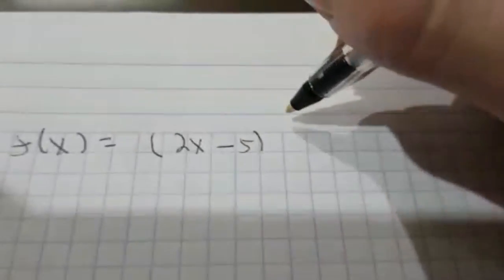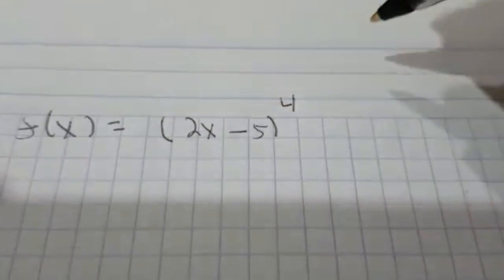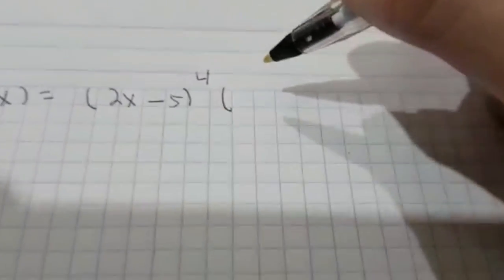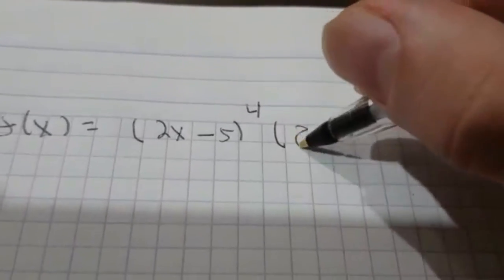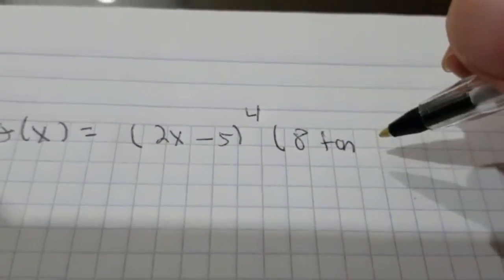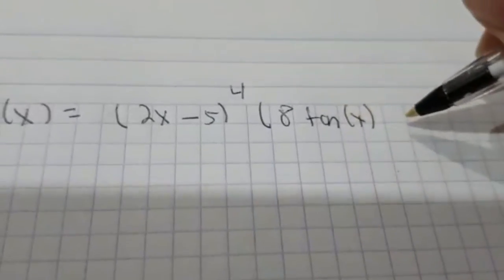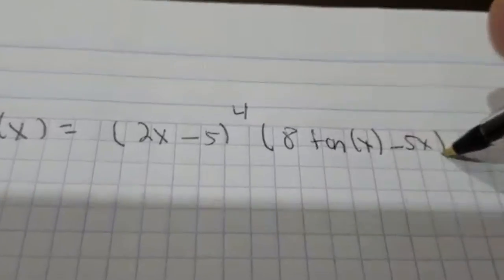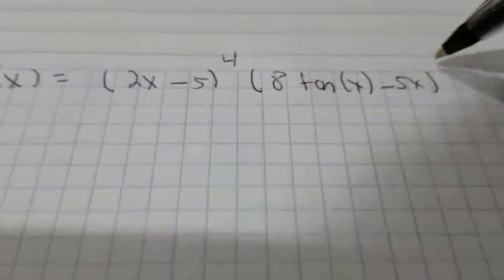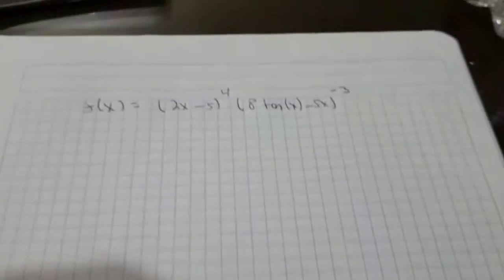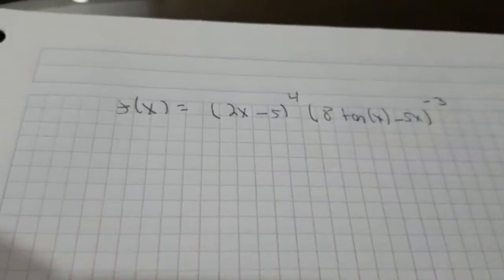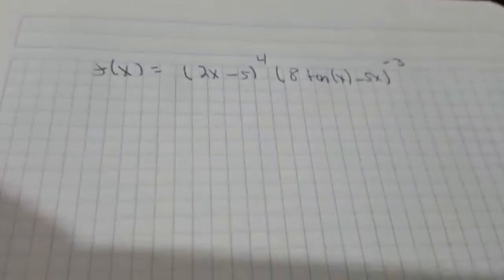The problem is f of x is equal to (2x minus 5) to the fourth power, multiplied by (8 tan of x minus 5x), and all of this expression is going to be to the negative 3. This is the problem that we're going to try to derivate and solve.